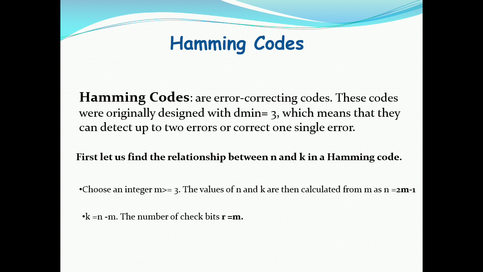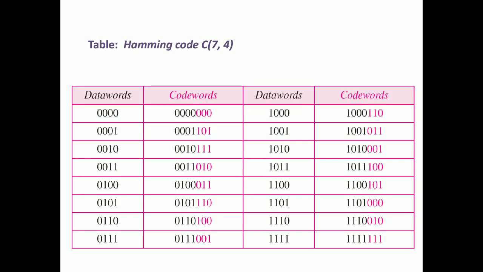Suppose m is greater than or equal to 3, the values of n and k are then calculated as n equal to 2 to the power m minus 1, and second, k equal to n minus m, the number of check bits being equal to m. So here is the Hamming code C(7,4) and the table is drawn in this slide.